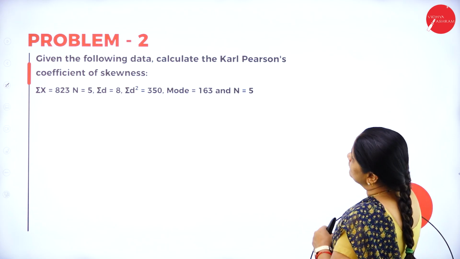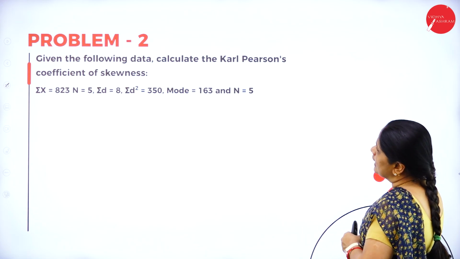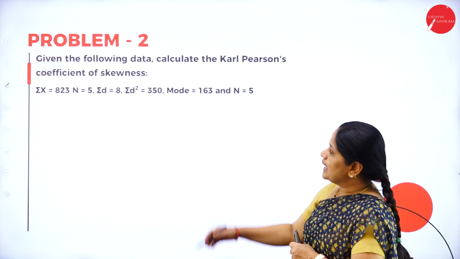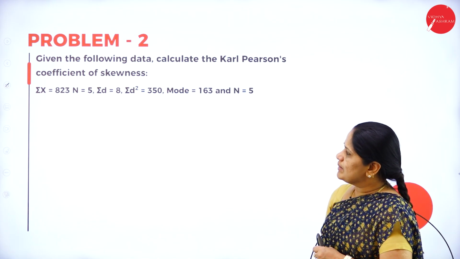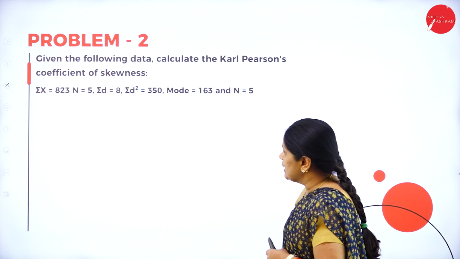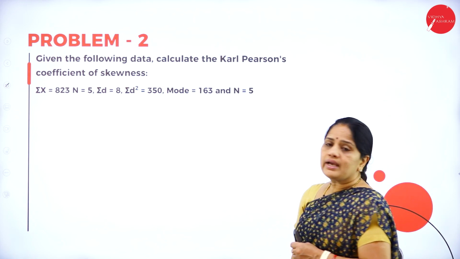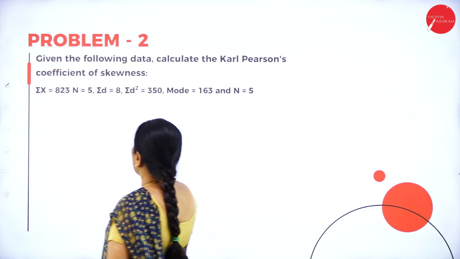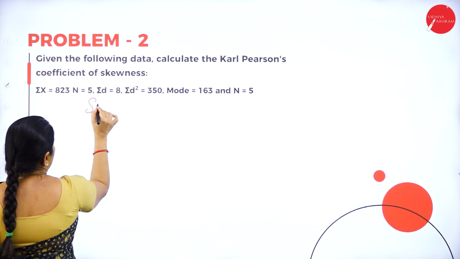Next, given the following data, calculate the Karl Pearson's coefficient of skewness. Now, they have already given the sigma x, n, sigma d, sigma d square and the mode. Now, we have to calculate the skewness. First, I write the formula.